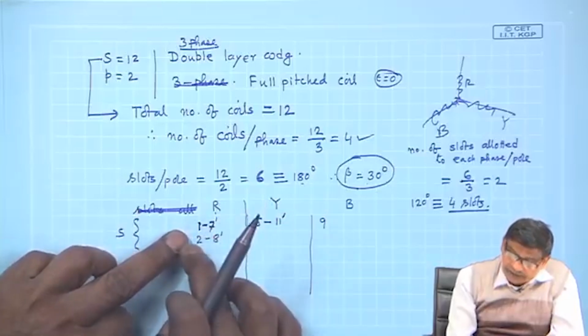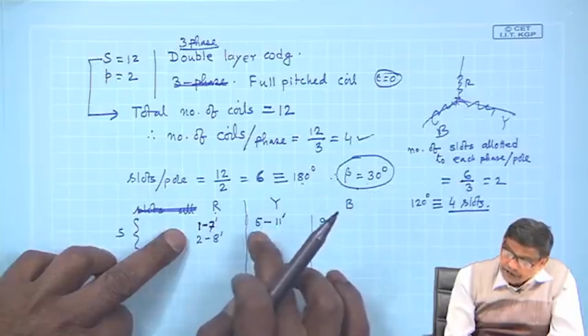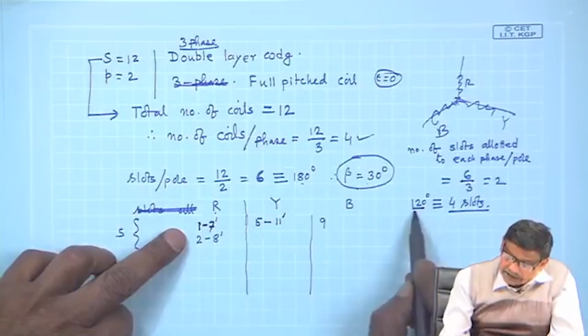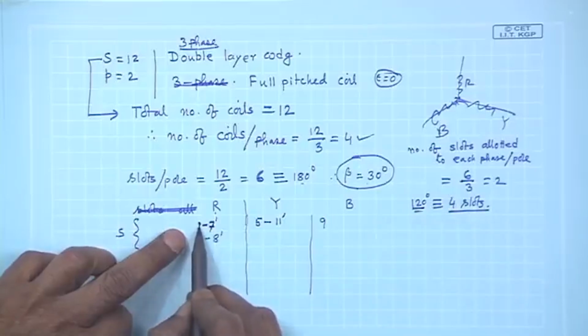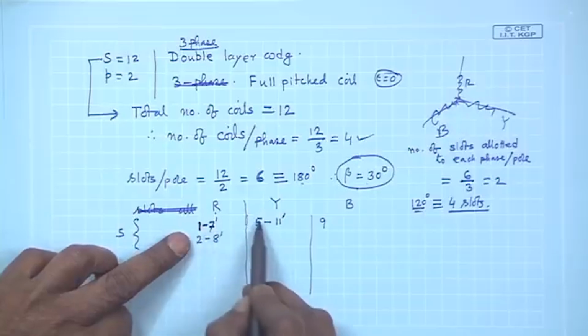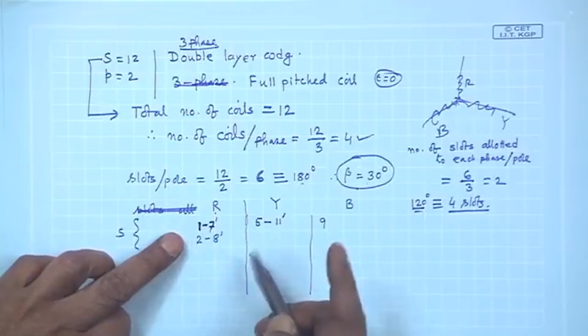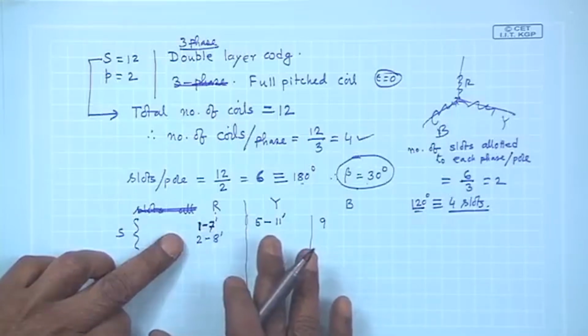Starting of R phase is from 1, starting of Y phase should be after 120 degree, and 120 degree is equivalent to 4 slots. So, I have added 4 to 1, that is 5 starting, and then its return should be 5 plus 6, 11, and 11 dashed because lower deck. So, I think it is okay.